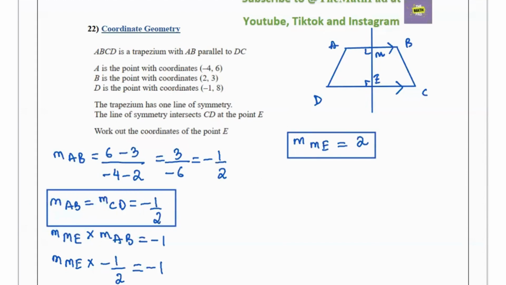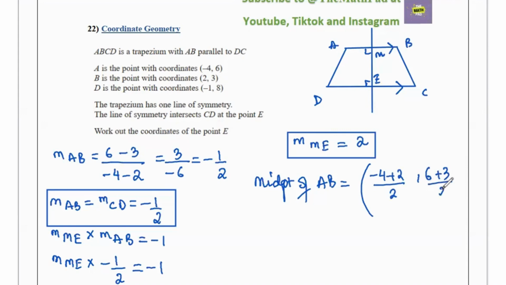Okay. So now that the gradient is sorted, if we look at the diagram again, we said that the line of symmetry is passing through the midpoint of AB and DC. Since we have the coordinates of A and B, we can find the midpoint of AB. That's going to be negative 4 plus 2 over 2, and then 6 plus 3 over 2. So negative 2 divided by 2 is negative 1, 6 plus 3 is 9, 9 divided by 2 is 4.5.